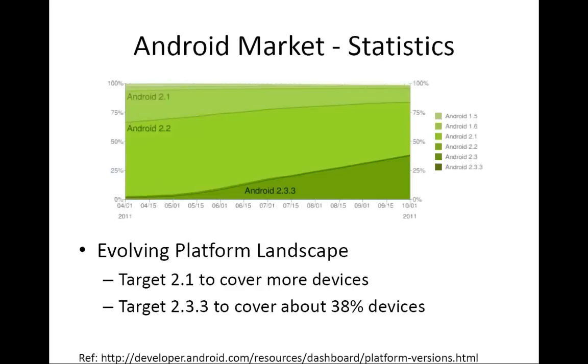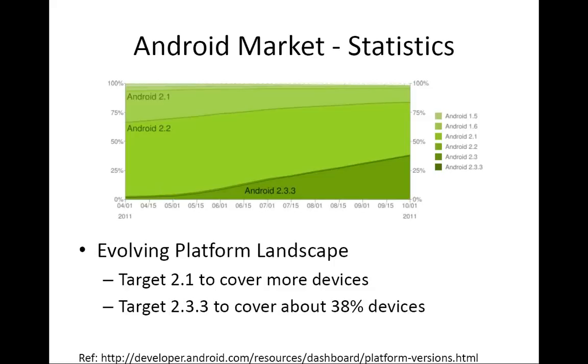This data is not static, so it keeps evolving. If we were doing this some while back, then Android 2.2 would cover a certain market percentage, 2.1 would cover a certain market percentage. But now newer and newer versions of the platform keep getting released, and the volume of the newer platforms keeps increasing.